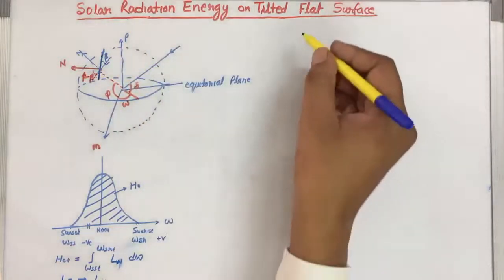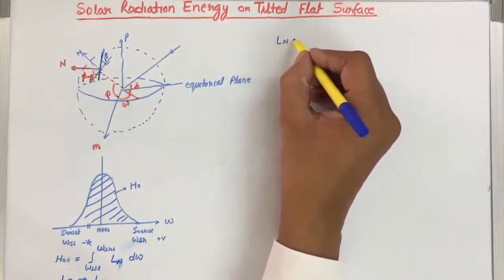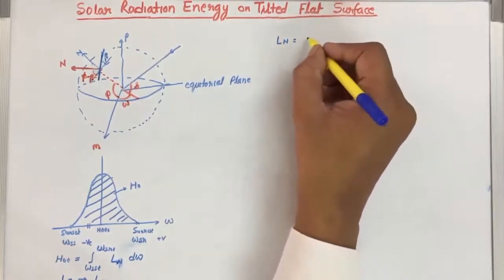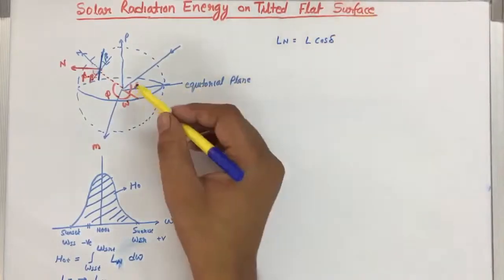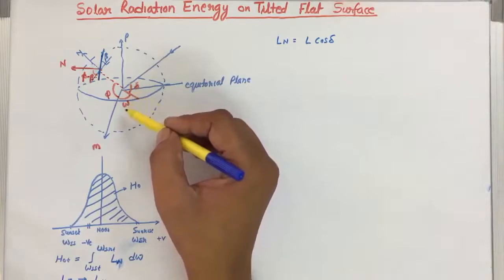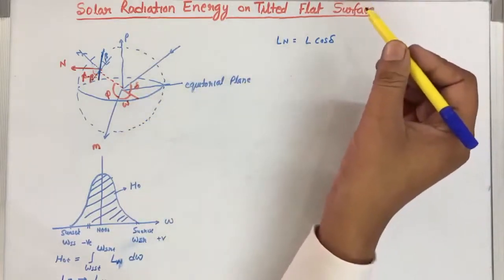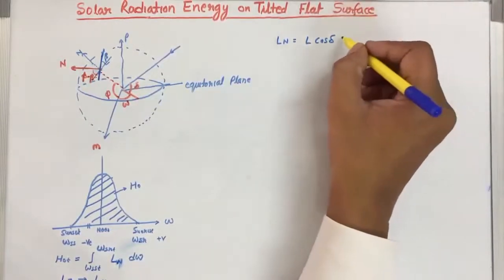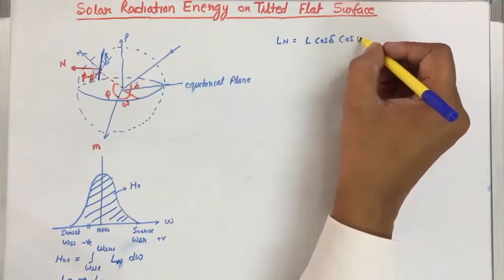Now following this, we will write Ln for today. For the tilting surface it will be L cos delta. There is no change in declination and hour angle, so it will be L cos delta and cos omega.